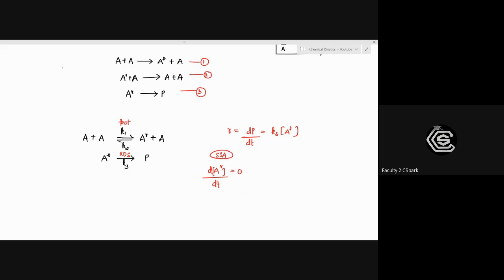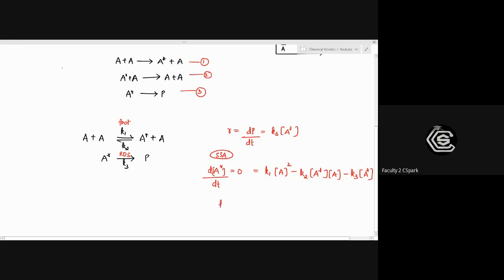So from this, how will you write the expression? In step 1, A star is being formed with rate constant K1, so K1 into concentration of A to the power 2, because we have two molecules here. In the next step, it is being decomposed with rate constant K2, and the reactants are A star into A. And in the final step also, it is being decomposed to P, which is our product, with rate constant K3. You can rearrange this.